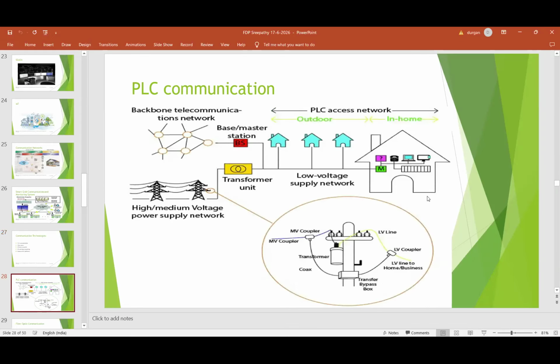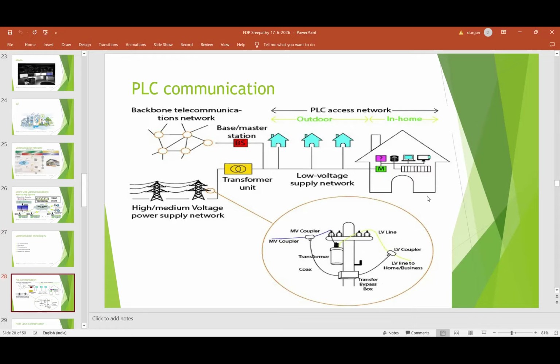So for PLC communication, power line communication is a technology that uses the existing electrical power lines to transmit data along with the electrical power.